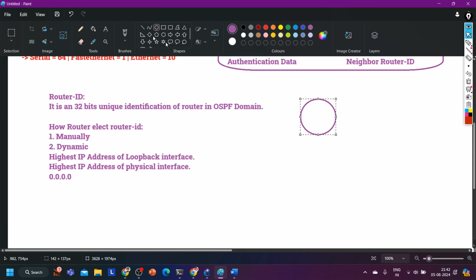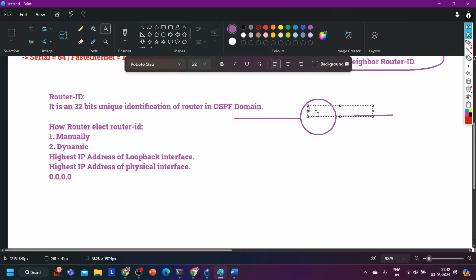So here I have one router, guys, and on this router I have physical interfaces. Let's say two physical interfaces are there, 1, 2. This is R1. F0/0, where my network IP address is 10.1.1.1/24.